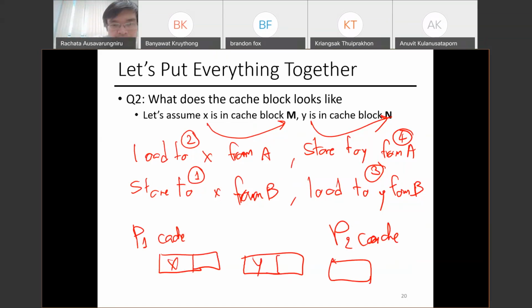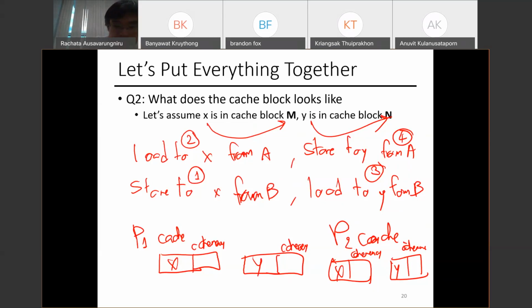This is the coherency state. And let's assume in the beginning, everything is invalid. Invalid, invalid, invalid, invalid.